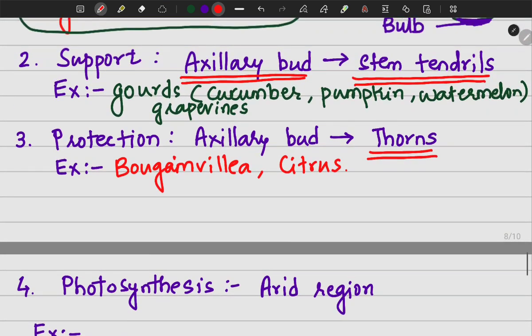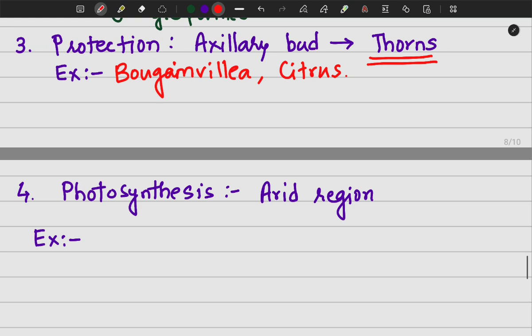As we studied in the previous case where for the support of the plant the axillary bud turned into a stem tendril, here the axillary bud turned into a thorn. Suppose this is the stem, this is the leaf, and here the axillary bud is situated. This axillary bud will give rise to a pointed thorn. Now how does this pointed thorn help in the protection of the plant? It helps the plant against browsing animals.